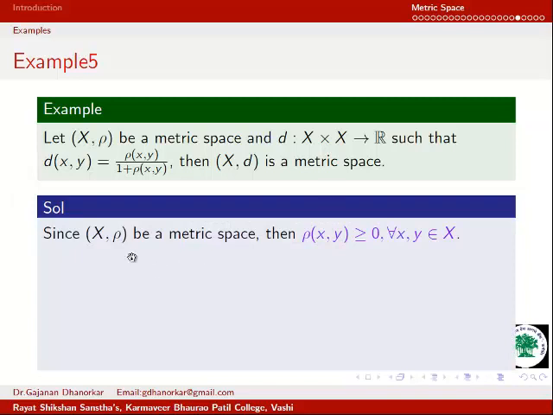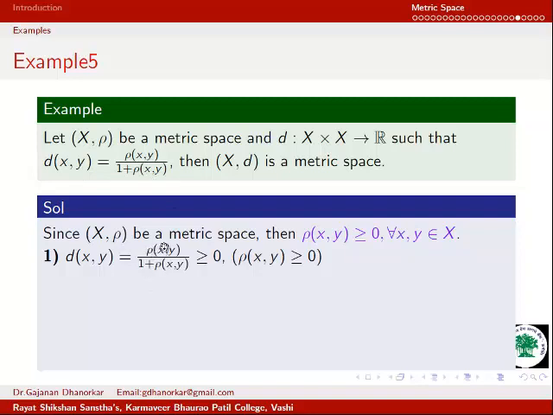Here, since this is a metric space, we know that ρ(x,y) is greater than or equal to 0, because this is the first condition for a metric space. Now we will prove that D(x,y) is greater than or equal to 0. D(x,y) as per definition is ρ(x,y) / (1 + ρ(x,y)).